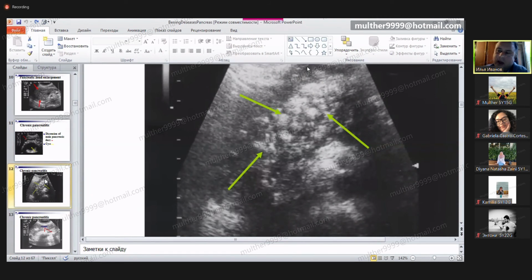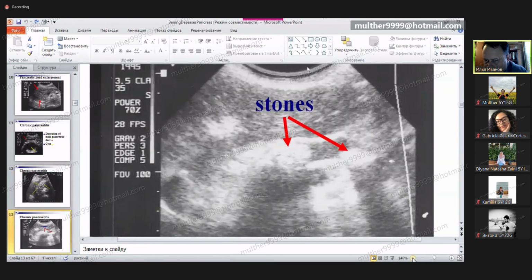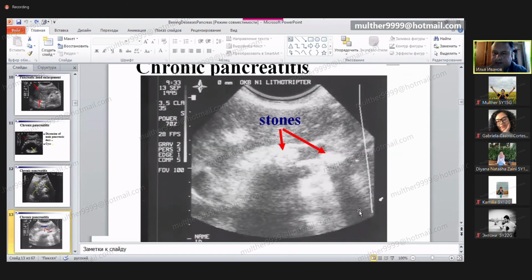According to this picture, we need to differentiate the principal difference between the calcifications and stones of the pancreas. Like in the case of the previous video, we can see two white objects with the black shadow.